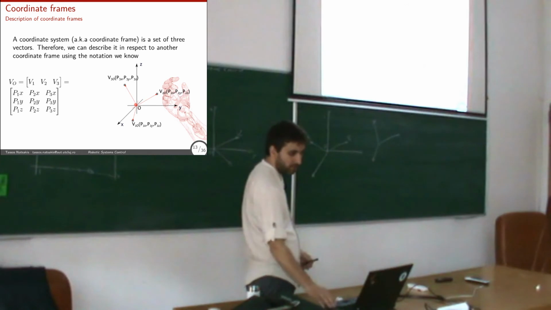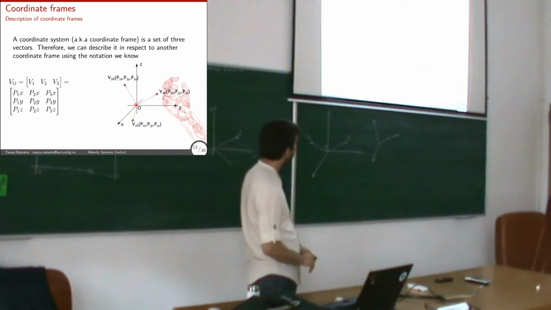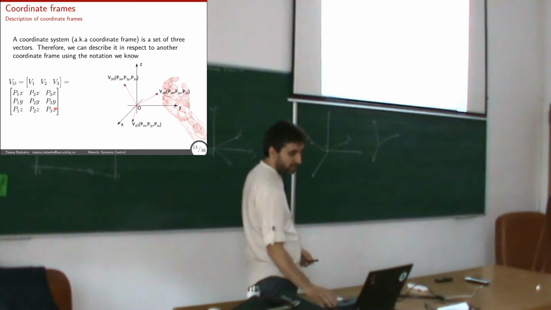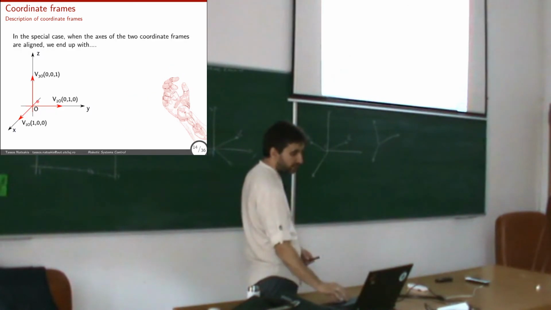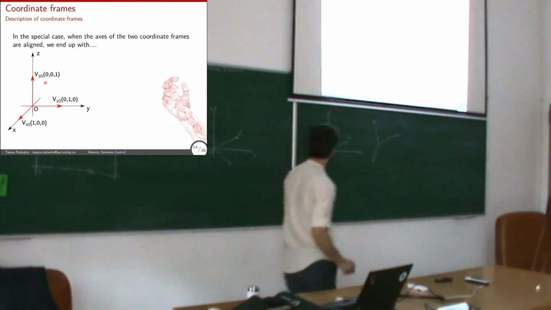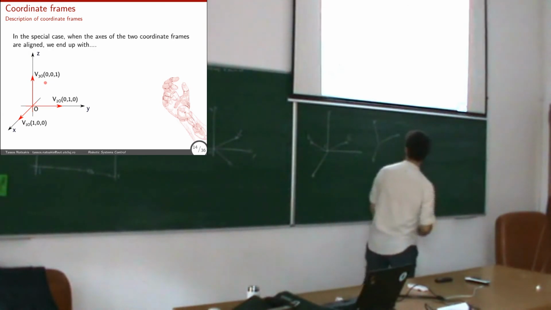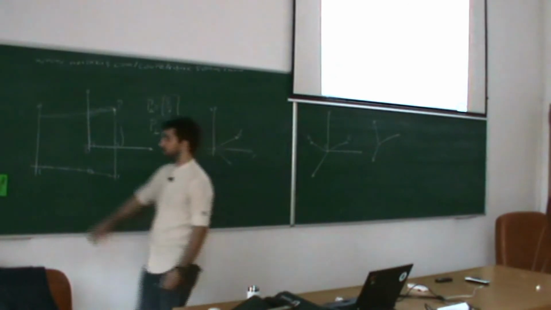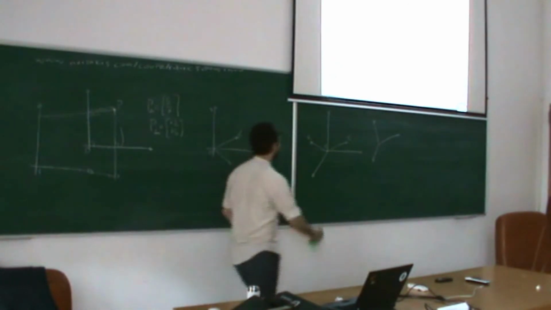To make it a bit more clear with one specific example, let's see how we can write this 3 by 3 matrix for one specific vector. Let's say I have these three vectors, the red lines, expressed on the coordinate frame of the black lines.